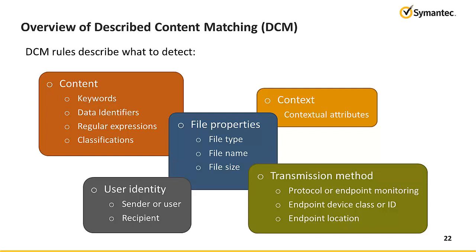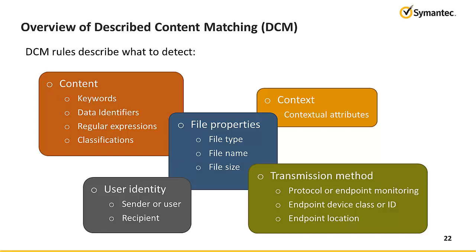Transmission method rules apply to protocol or endpoint monitoring, endpoint device class or ID, and endpoint location, and these are typically used as conditions in compound rules. Protocol or endpoint monitoring detection rules can apply to Symantec DLP Network Monitor, Network Prevent, and Endpoint Prevent.